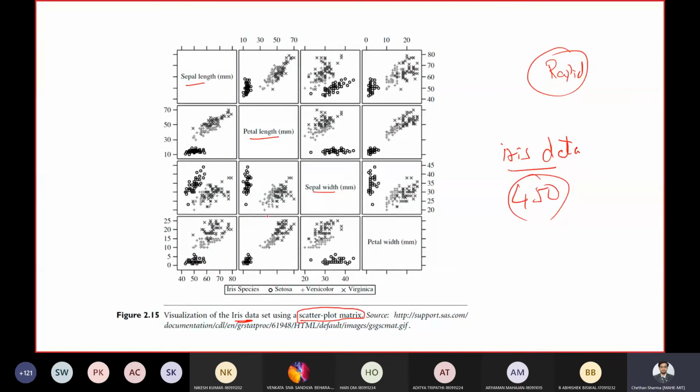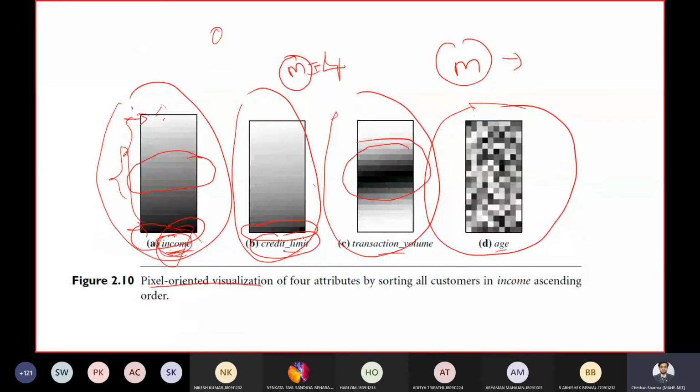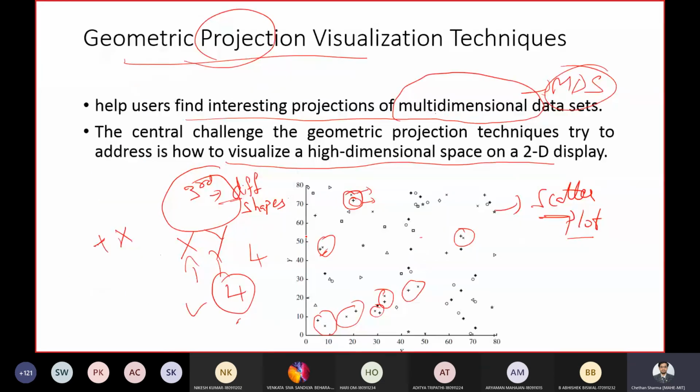So the better way to plot such data sets with more dimensions is the scatter plot matrix, where each of the colors represents one of the species. So this is one way of representing. The disadvantage here is that if it is 4 or more dimensions, it might not be too effective.